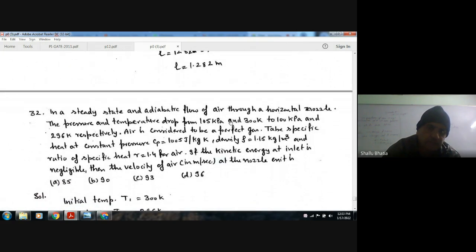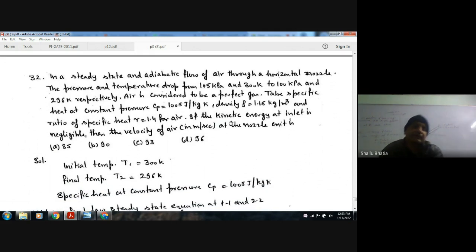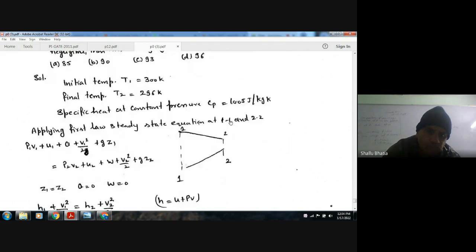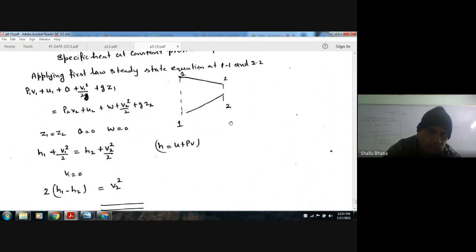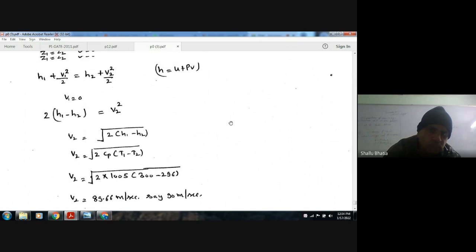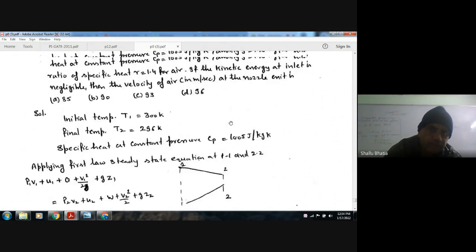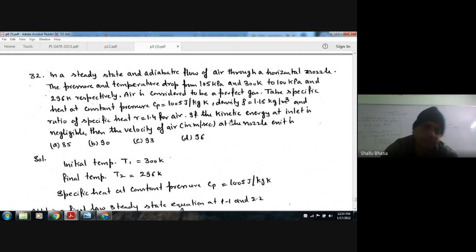Next, in a steady state and adiabatic flow of air through a horizontal nozzle, the pressure and temperature drop from 105 kPa and 300 degrees Kelvin to 100 kPa and 296 Kelvin, respectively.